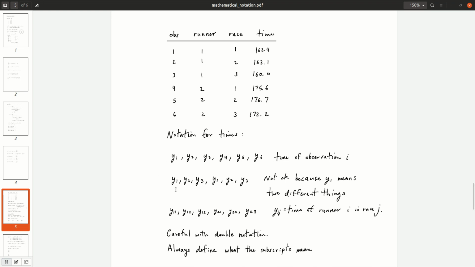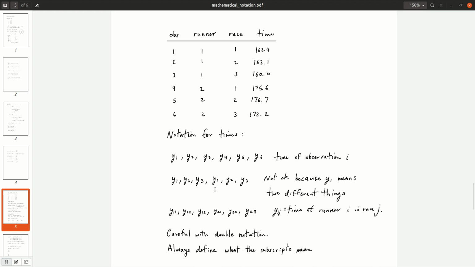Now this next one is not okay, and you should see why. What this one is saying is that Y sub i is the time for race i. Now this one is not okay because here you would label it Y1, Y2, Y3, race 1, race 2, race 3, and then you would have to reuse the symbol Y1, Y2, and Y3.